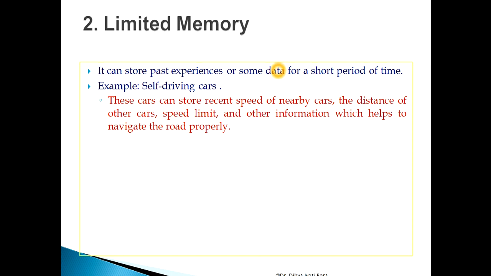Nowadays a very popular emerging technique is self-driving cars and self-driving bikes. These self-driving cars can store the recent speed of nearby cars, the distance of other cars, the speed limit, and other information, and that helps them navigate the road properly and keep away from any type of unfortunate accidents. So the self-driving car comes under limited memory.